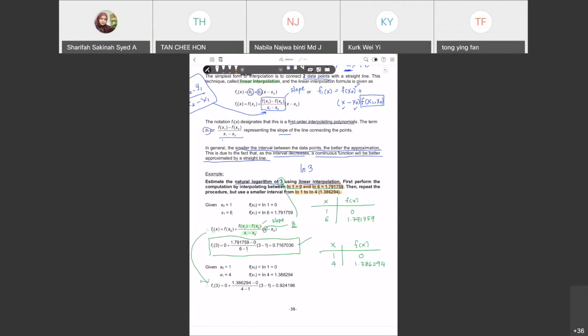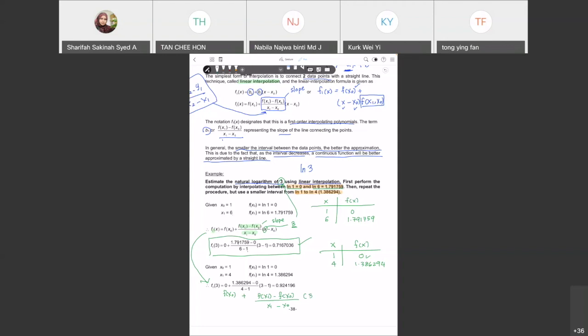Okay, for linear interpolation. So you have your f(x0), this is actually f(x0) is 0 plus, okay, this is the formula, (f(x1) minus f(x0)) over (x1 minus x0) times (x minus x0).